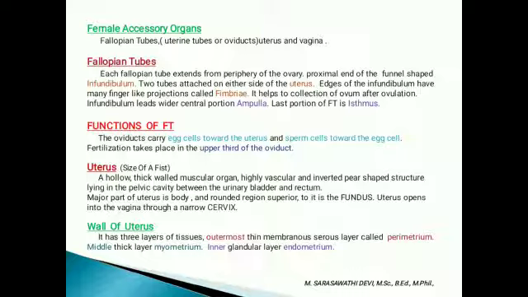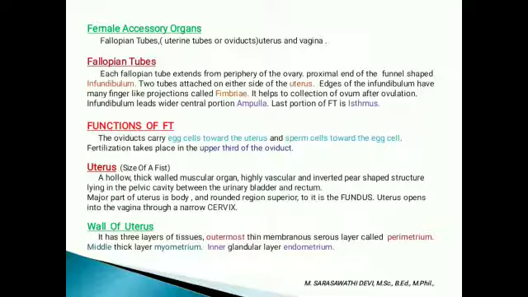Female accessory organs: fallopian tubes, uterus and vagina. Fallopian tubes are otherwise known as uterine tubes or oviducts. Each fallopian tube extends from the periphery of the ovary.